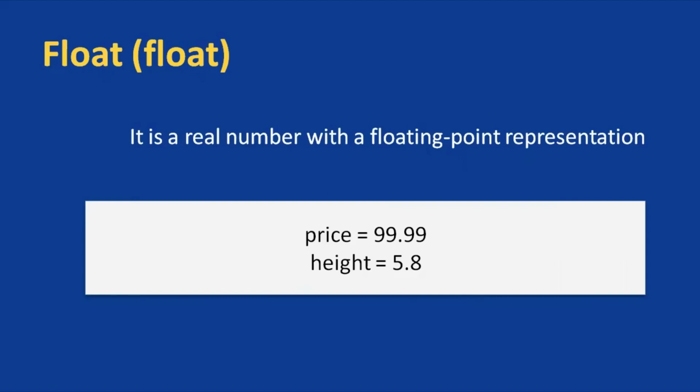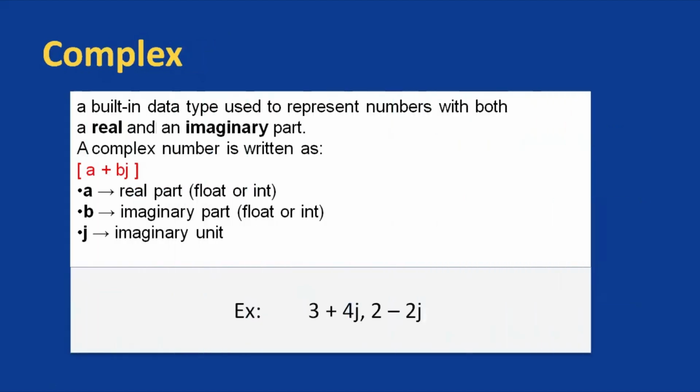Next is complex. A complex value is represented by the complex class, and it is a built-in data type used to represent numbers with both a real and an imaginary part. It is written in A plus Bj format or A plus Bi format.